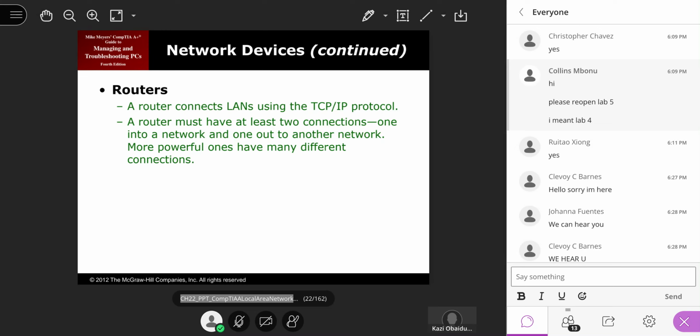More powerful ones have many different connections.